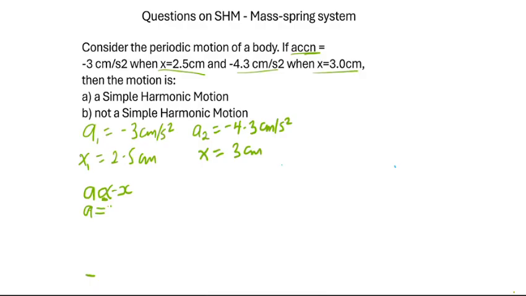Let me use beta as my constant: a equals negative beta x. Here I can divide both sides by x to make the constant be on one side. So I can say a over x is equals to beta, and beta is constant, remember.